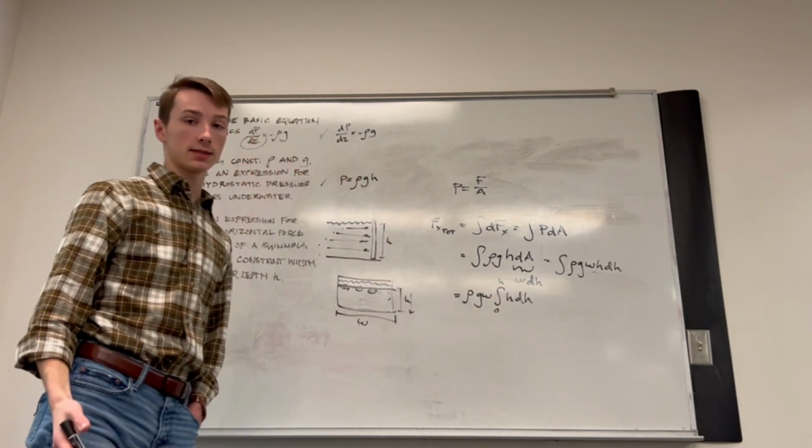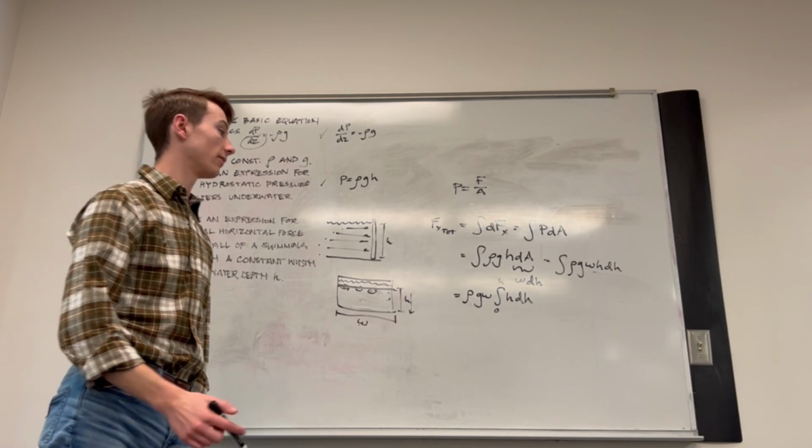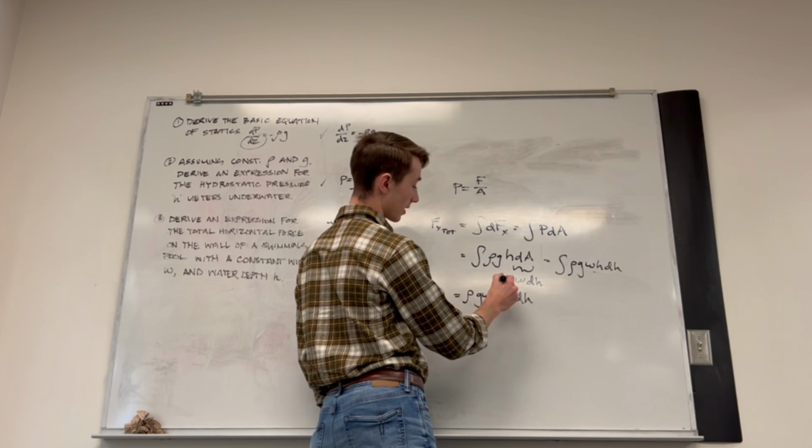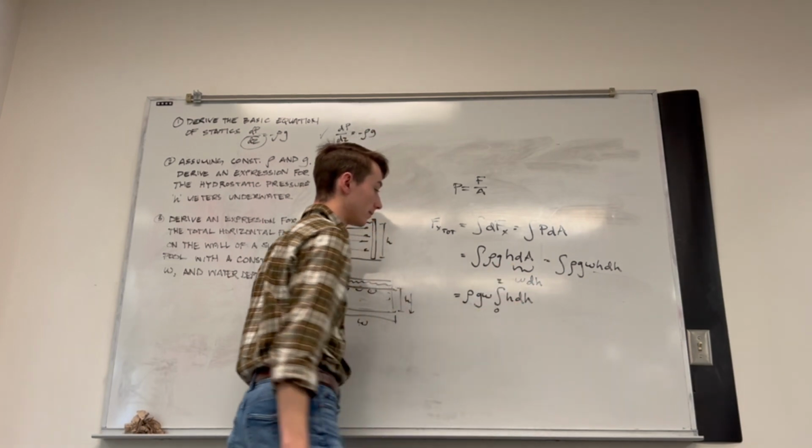Again, to make this integral make sense, we have to change our variables up and give it a dummy variable. I think it's probably easiest to call this Z instead of H. Okay.